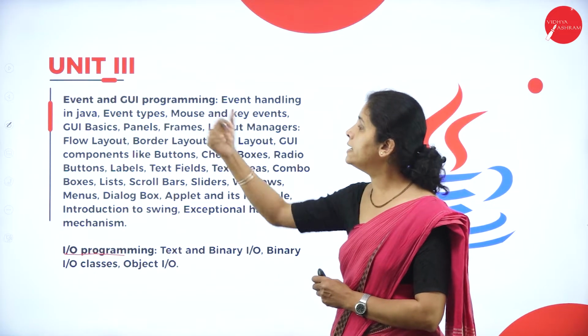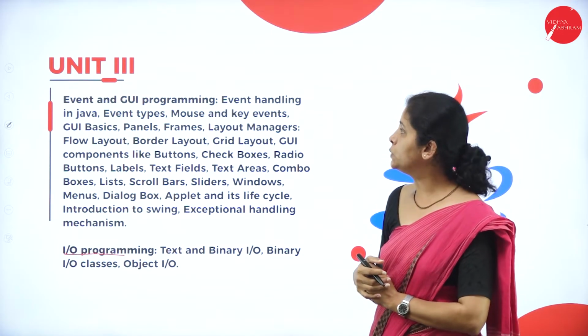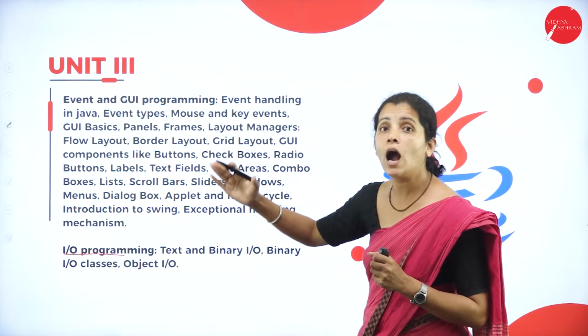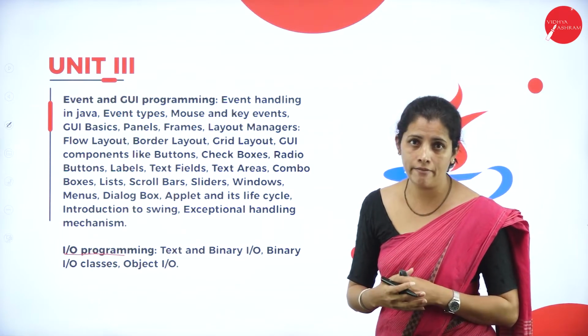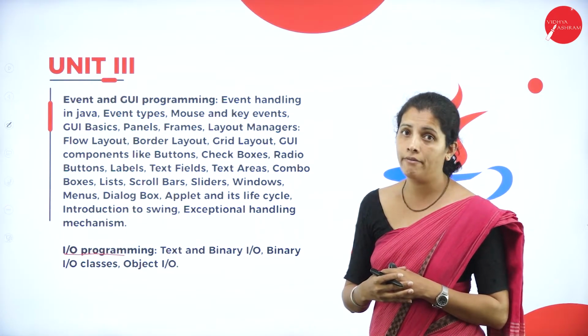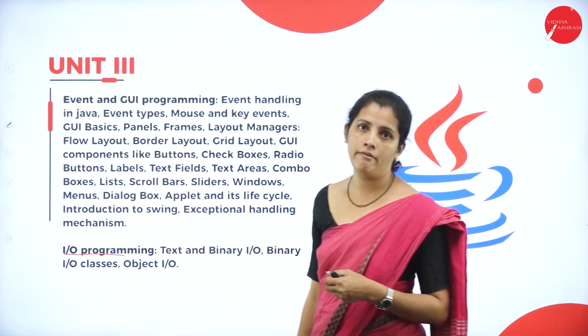So dear student, if I consider chapter 1 under this unit, we have events. That means how to manage events, how to handle events, as well as how to trigger events. All those things we are going to study under events.